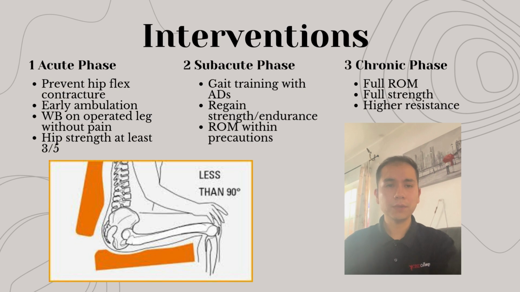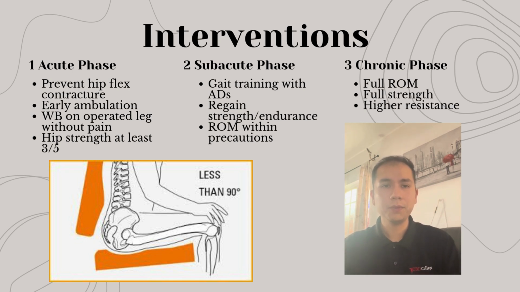And then the chronic phase will be week 12 and after. Usually after 12 weeks, the restrictions should be lifted and we could begin working on full range of motion, so passing that 90 degrees now on hip flexion. For the anterior approach, we do external rotation and hip extension now.